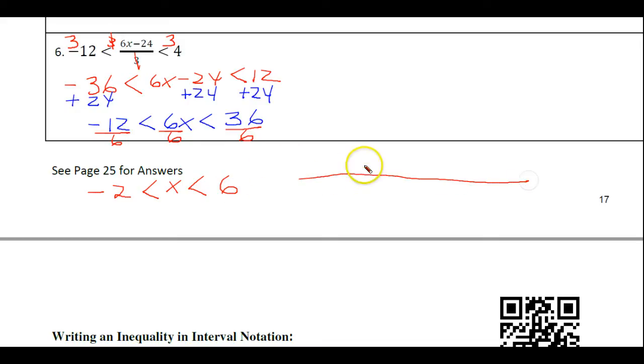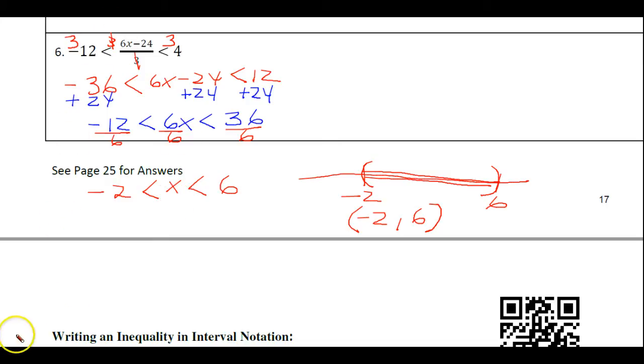So the graph, negative 2, 6, and we have parentheses on both sides. We darken the center part, and in interval notation from negative 2, comma, 6, parenthesis. Again, the parentheses indicate that the 6 and the negative 2 are not included in the set.